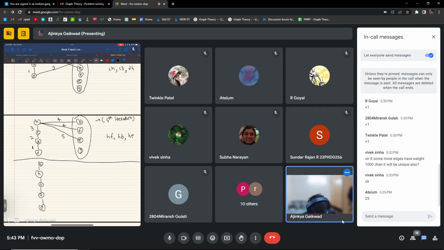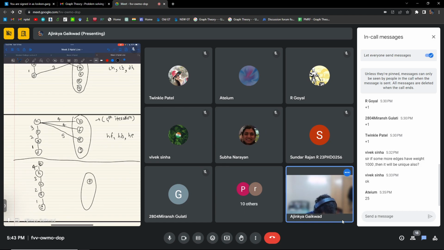So D, the weight was 4, then 3, then 2, then 1, and let's put the rest of the vertices on one side. So I have put B here. So now F, E, G. So this is my fifth iteration.